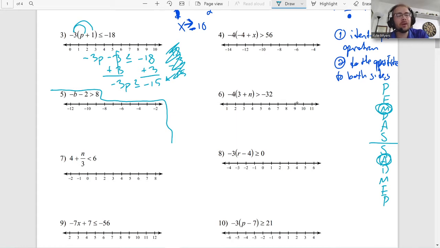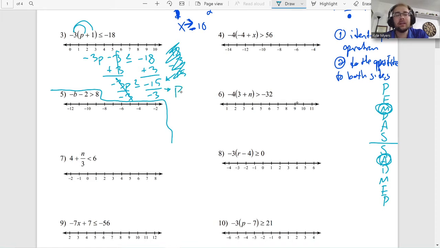So you might have heard that before, but it's only when you're multiplying or dividing, and it's only if you're multiplying or dividing by a negative. So there's a very, very small little scenario where this happens. It doesn't come up very often, but when it does, you have to remember to flip the sign.